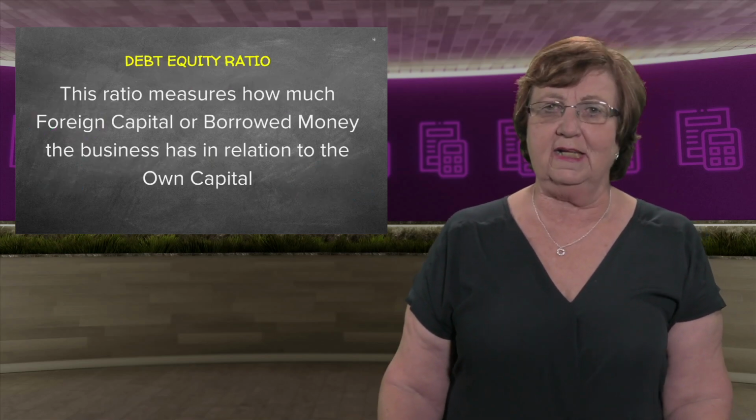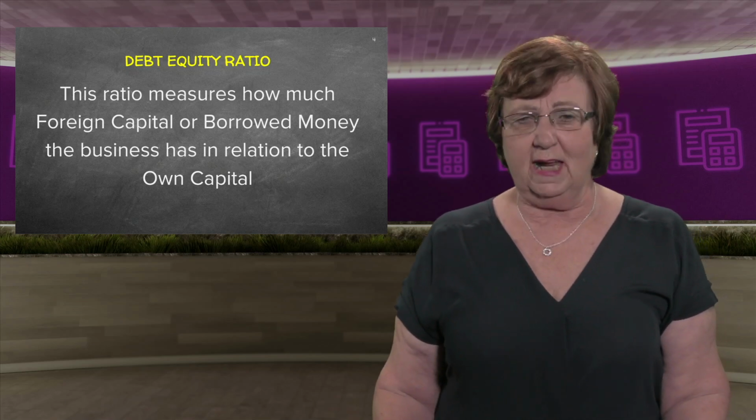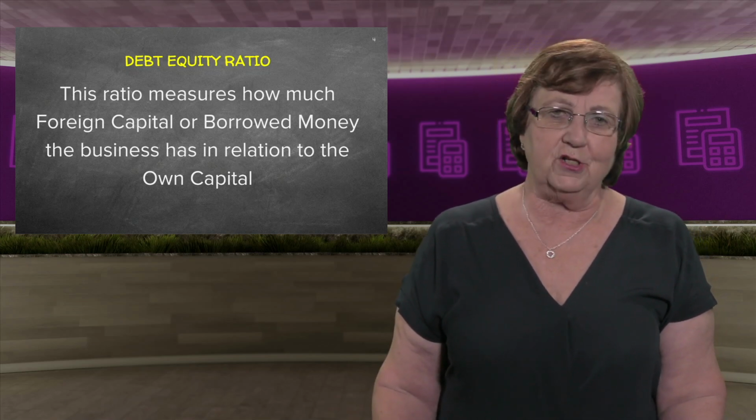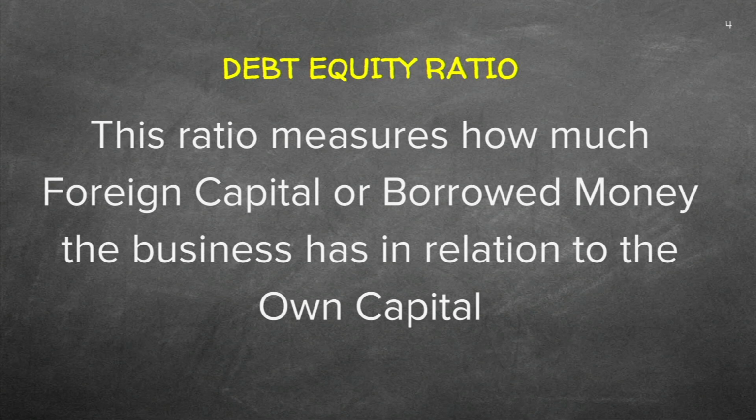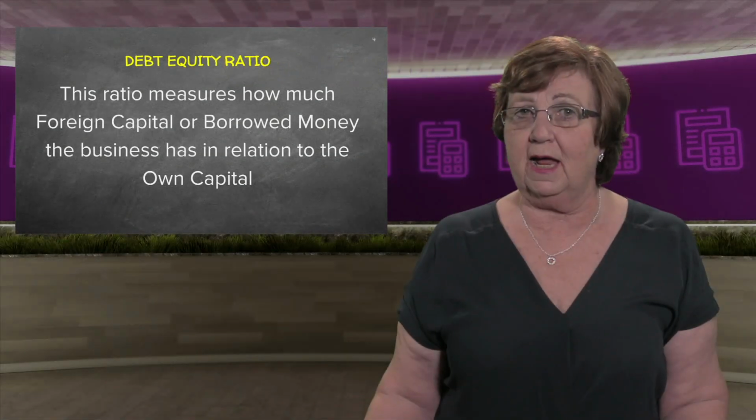Then let's look at the debt equity ratio. The debt equity ratio measures how much foreign or borrowed money, in other words, my loans. So what is the value of my loans as opposed to my own capital or the partnership capital? Here again, a very simple calculation.